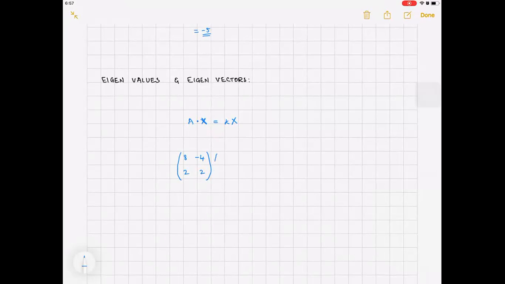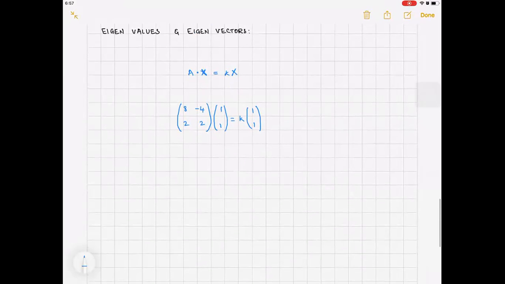There exists another matrix such that, say for example 1, 1, it will be exactly equal to K times the same 1, 1. There is a possibility something like this. So இதுல வந்து maybe we can give a try. நான் multiply பண்ணி பார்க்குறேன்.